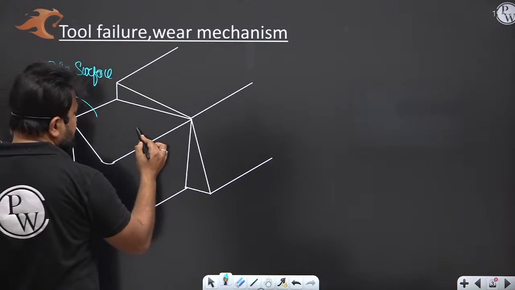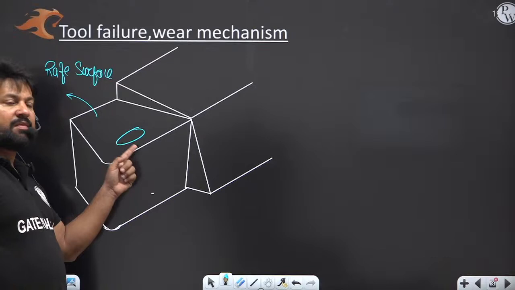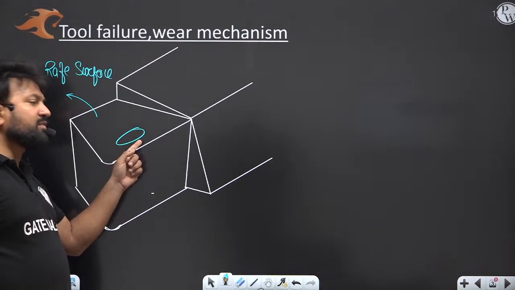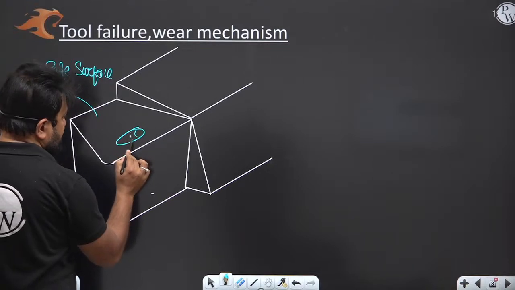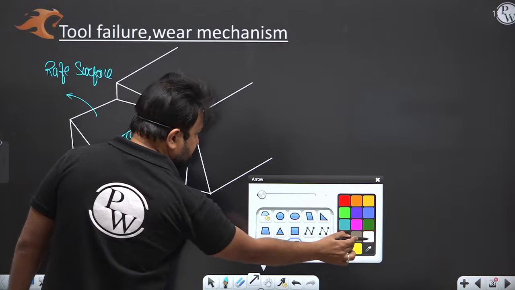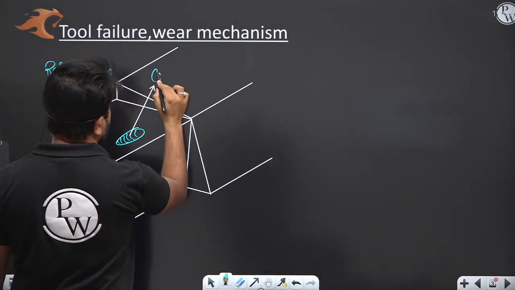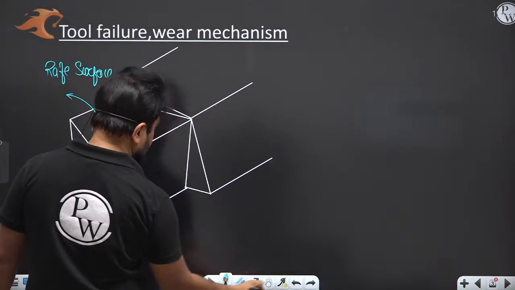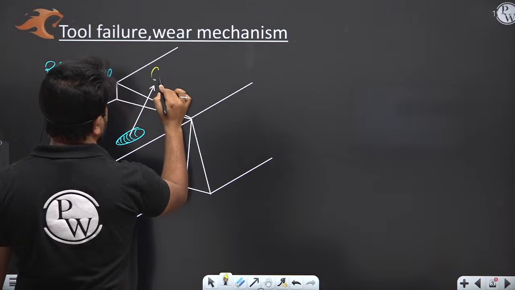On the rake surface, there will be a crater wear at some minimum distance from the side cutting edge. This is the crater view.